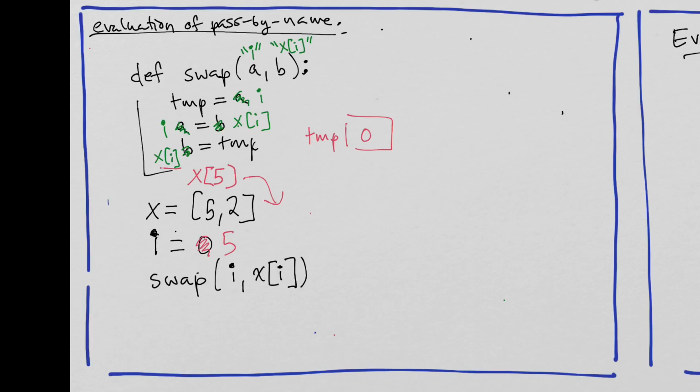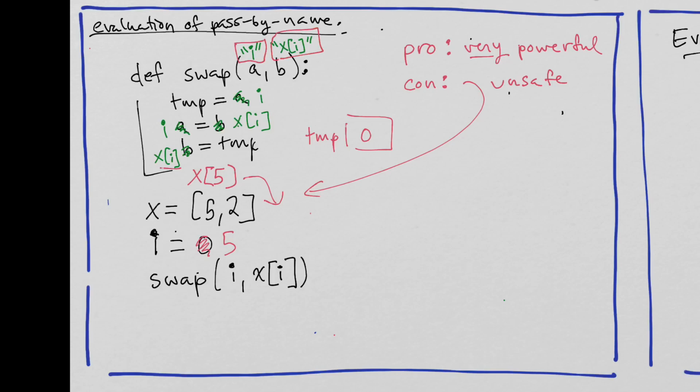And so the pro of pass by name is it is very powerful. You can make very expressive programs using it. A con is, as we're seeing, it is rather unsafe. It's hard to write code that does exactly what you think it's doing. And one of the things we haven't touched on is, how am I passing? I'm not passing in strings, right?